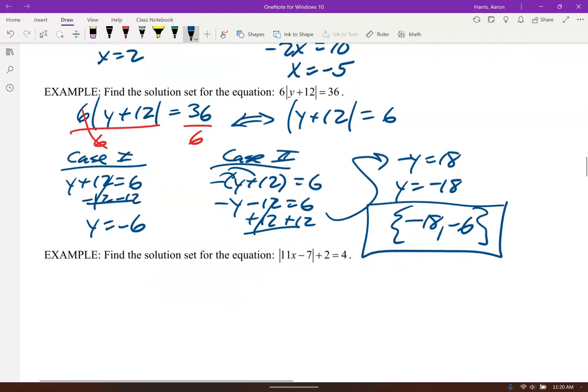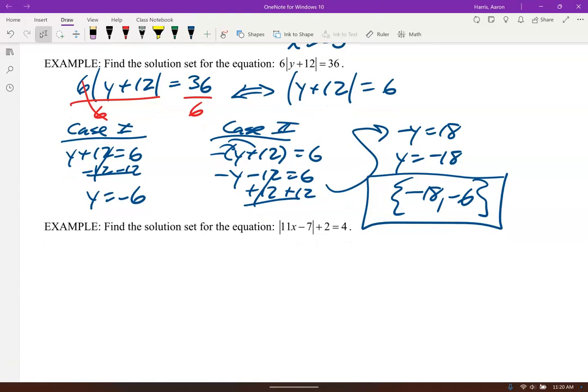Okay. This one here, instead of having a number in front of the absolute value, it has that +2 that I've got to get rid of before I can run the two cases. So I'm going to go ahead and subtract 2 on both sides. So now I have the absolute value of 11x minus 7 equals 2. Now I can run my two cases. Case 1, drop it.